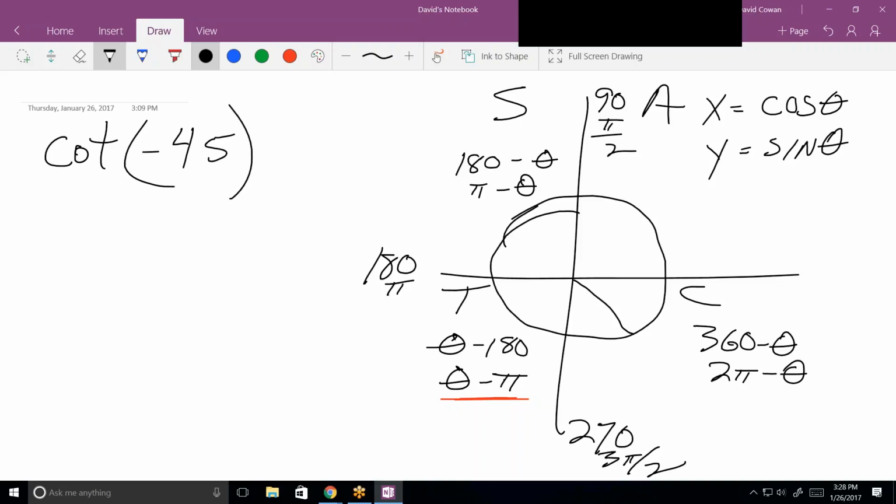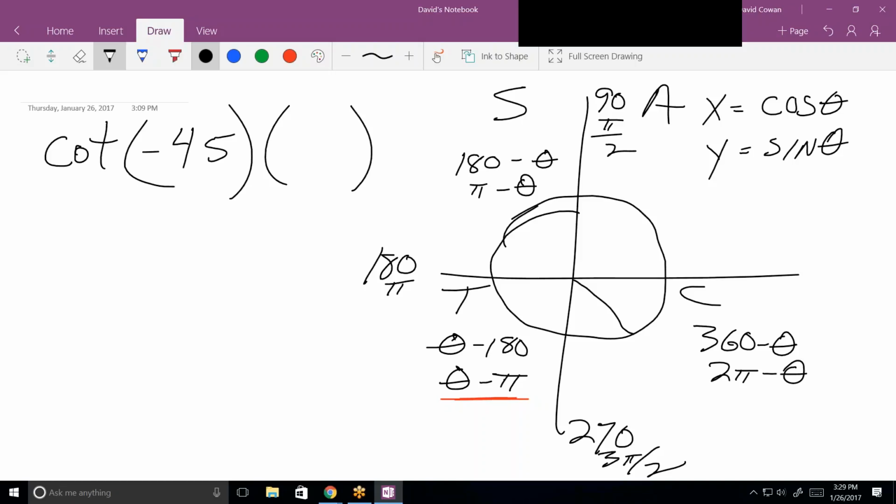So there are two choices to do this. One is to convert it to its equivalent first quadrant angle. Let's do it that way, just for the heck of it. What's the first quadrant angle? 45 degrees.